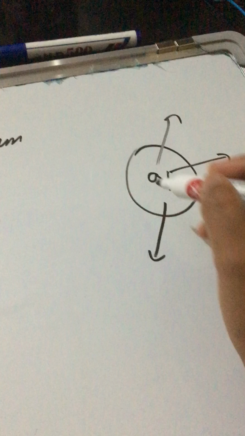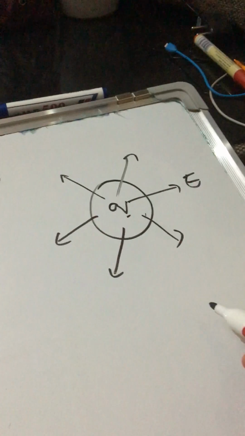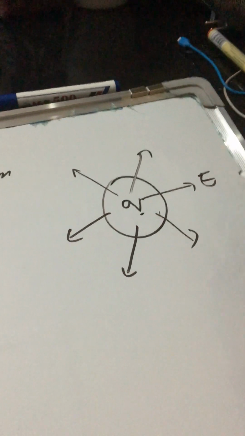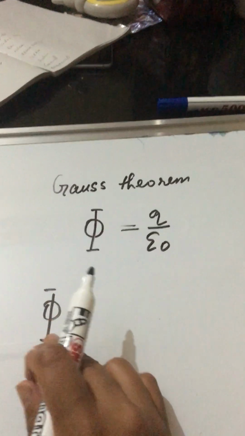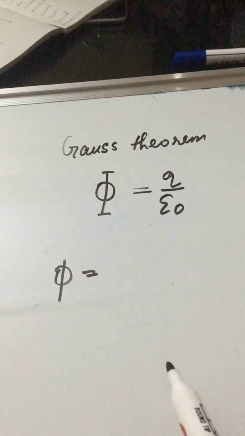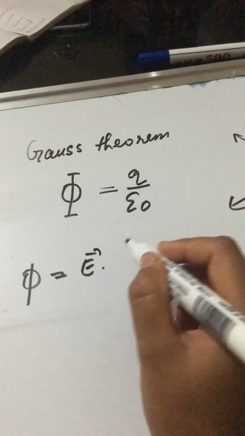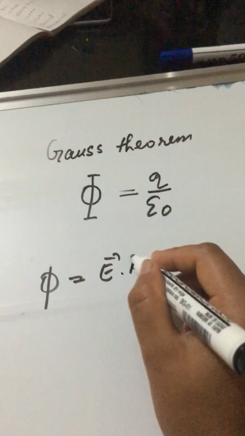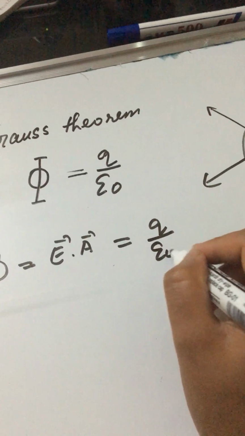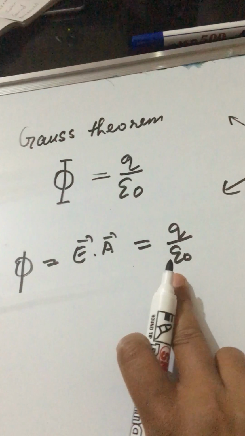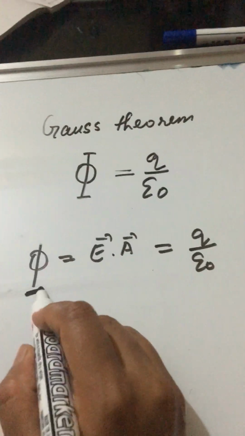And the flux is E dot A, which equals the total charge enclosed divided by epsilon naught. So what is the easiest way to find the flux?